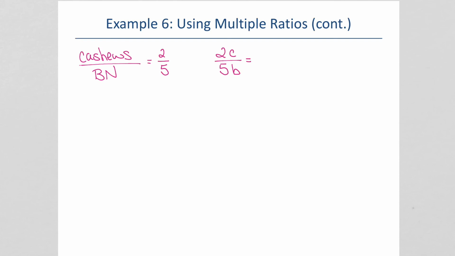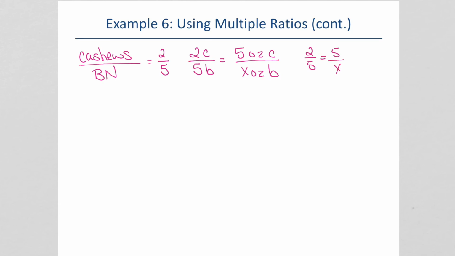And we've got 5 ounces of cashews. We want to know how many ounces of Brazil nuts there'll be. So 2 over 5 equals 5 over x. 2x equals 25. Divide by 2. 12.5 ounces of Brazil nuts.